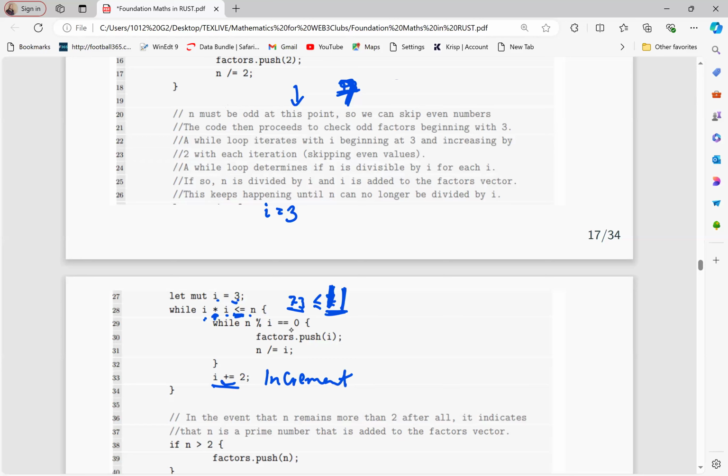That is what this condition means. It's plus equal to. So the new i is 3 plus 2. That is what it means by plus equal.